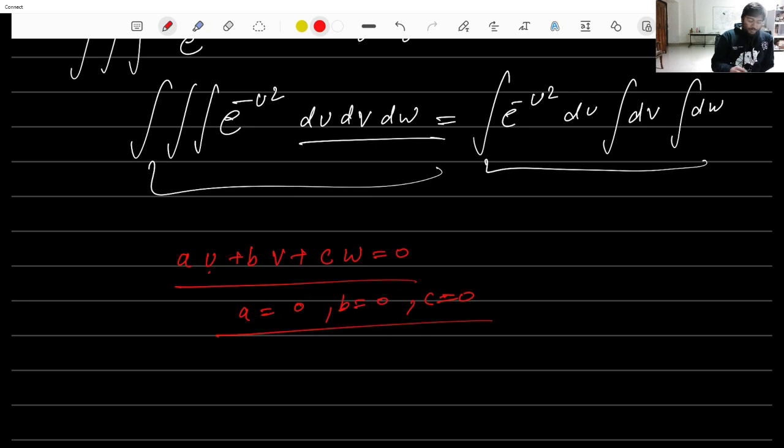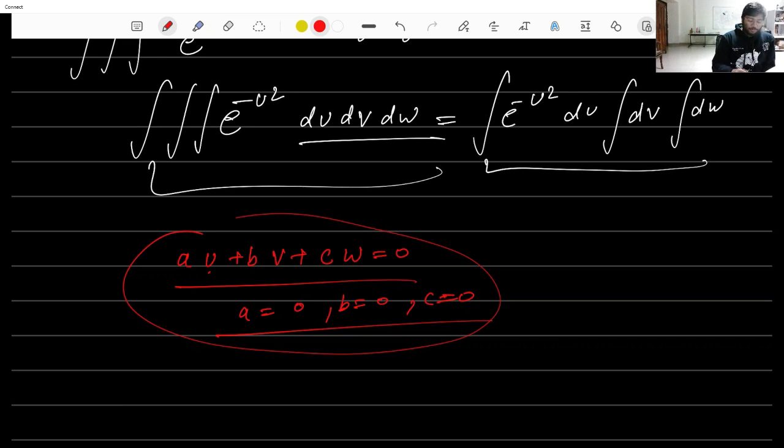So if it is so, then a, b, c are the coefficients of the coordinates u, v, w. If any linear combination of coordinates is giving us 0, then the coefficients of each coordinate will be 0 only if u, v, w are independent coordinates. Otherwise it will not be the case.